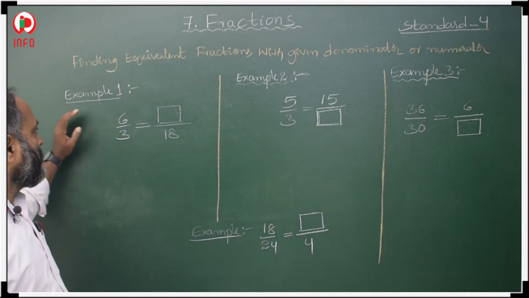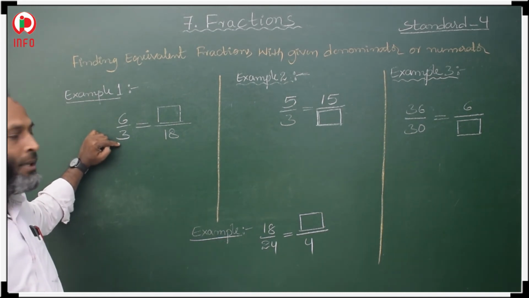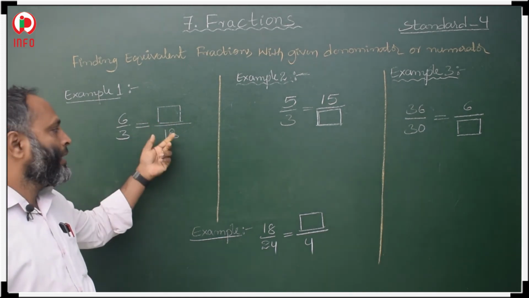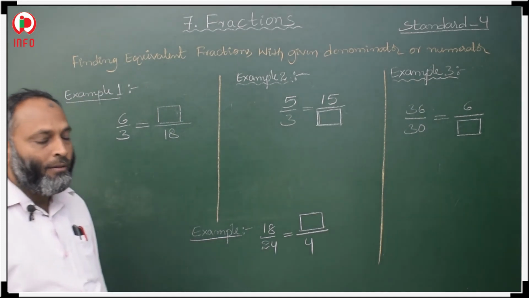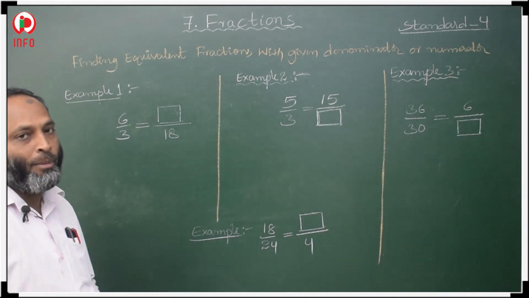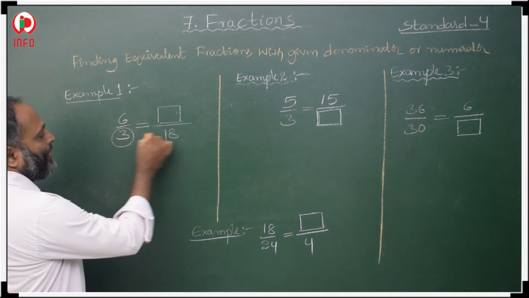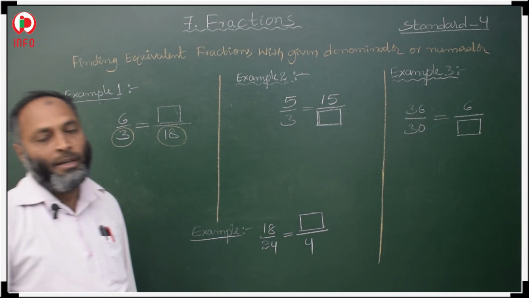Here in the first example, the first fraction is 6 by 3, and in the second fraction the numerator is not given but the denominator is given. First we have to compare the denominators.